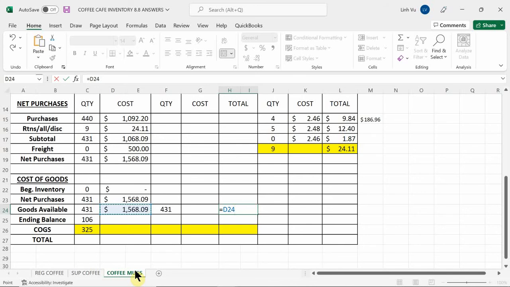Okay, do we do 431 divided by 1568? So the other way around: 1568.09 divided by 431. Yes.